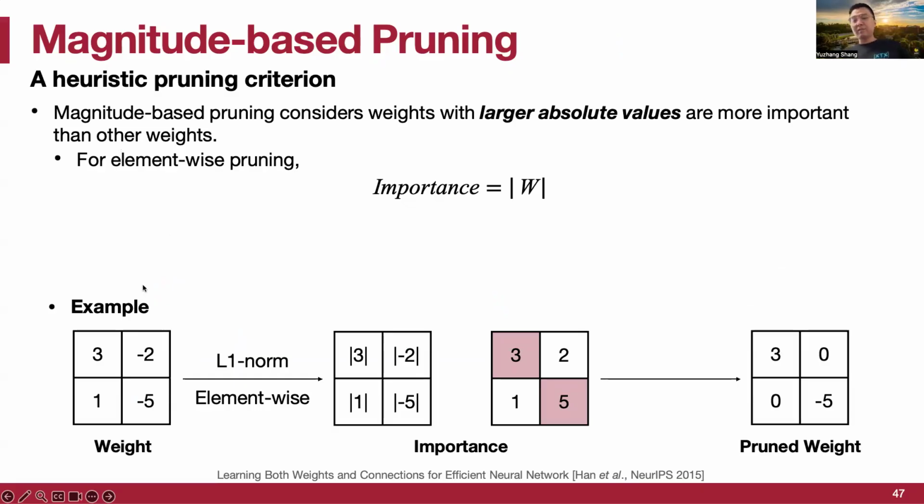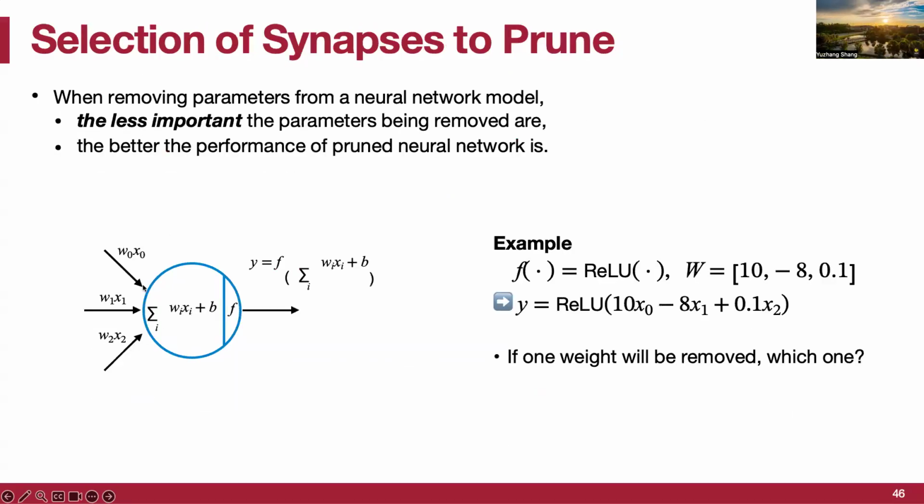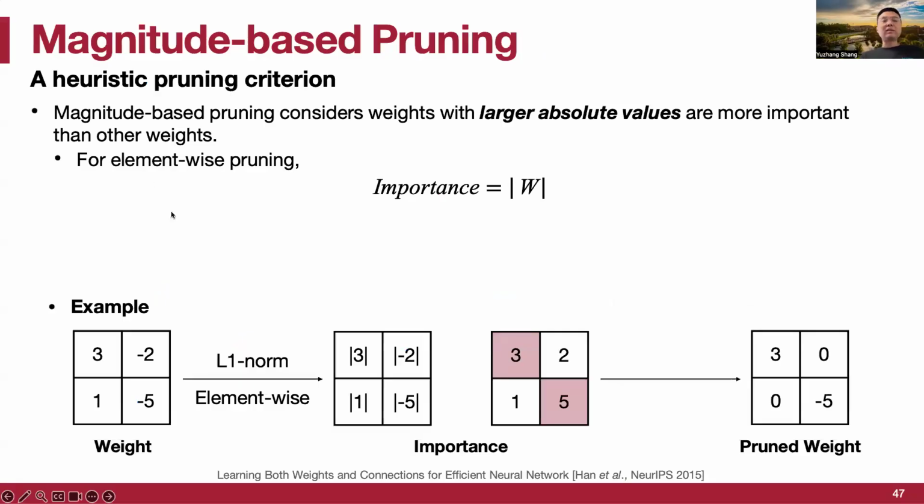Still for the simplest example, we calculate the absolute values of W0 to W2 and rank them. If we only choose one, we find the smallest one. If we choose two, we choose the smallest two. This kind of method is the so-called magnitude-based pruning method.